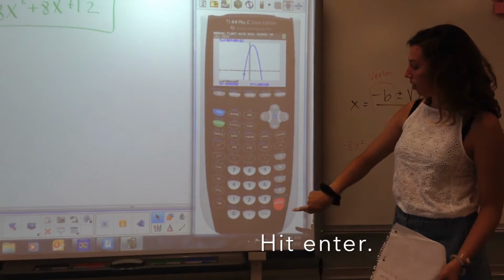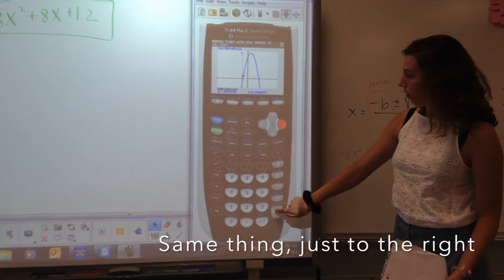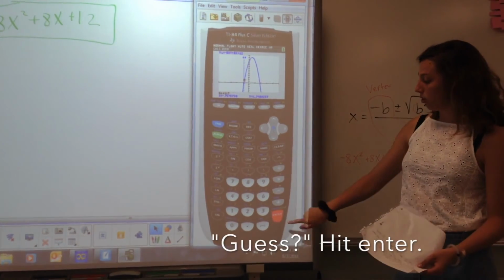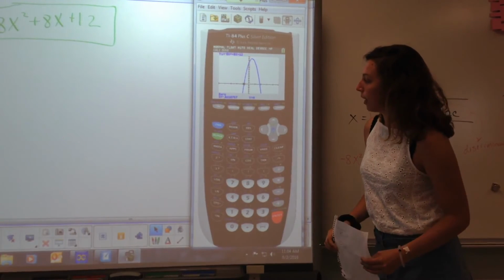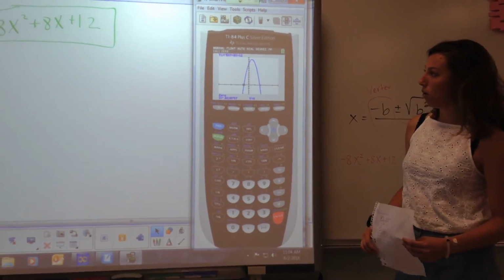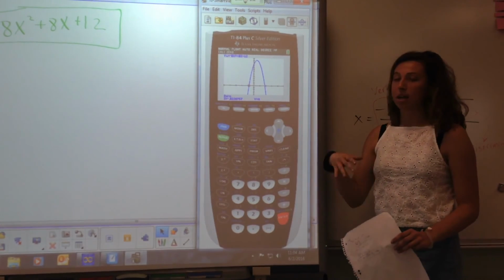Then enter. Then it's going to ask right bound, so you're going to go right of your zero. Click enter. And when it says guess, you can just click enter. Your zero should be negative 0.020 for this certain function. And in order to find the other zero, you just do the same thing on the other side.